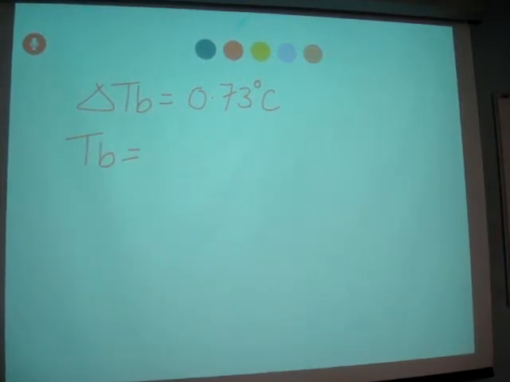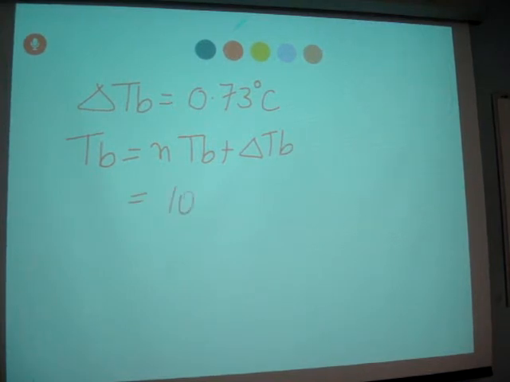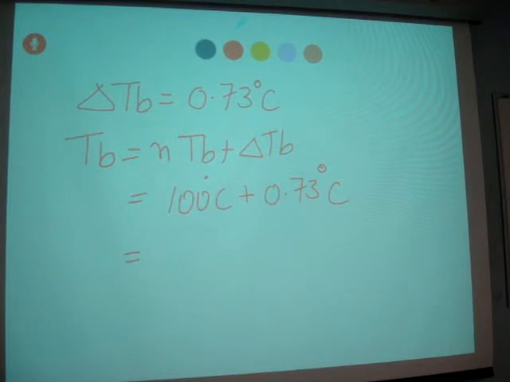Now remember, T B equals T B zero plus delta T B. Here we have 100 degrees Celsius, the boiling point of pure water, and we elevate it by 0.73 degrees Celsius by adding Ca(NO3)2 as solute. So what will be the T B for that? 100.73 degrees Celsius.